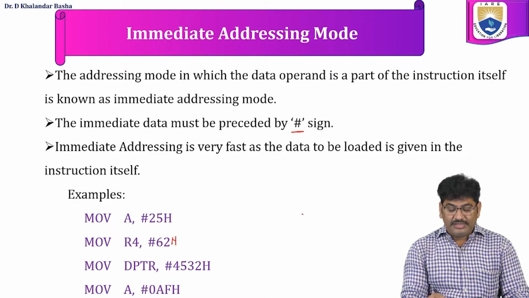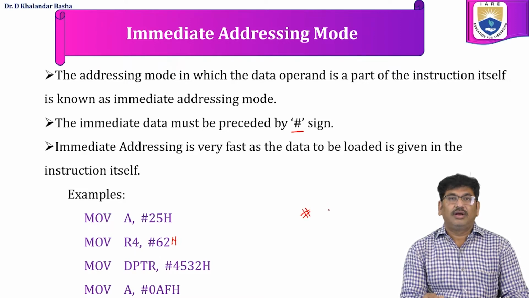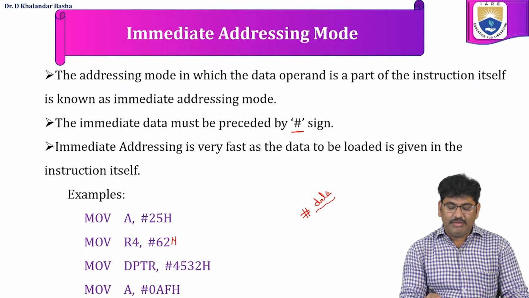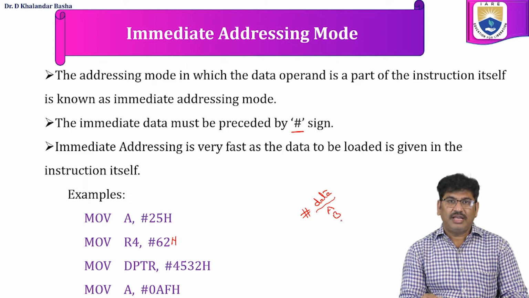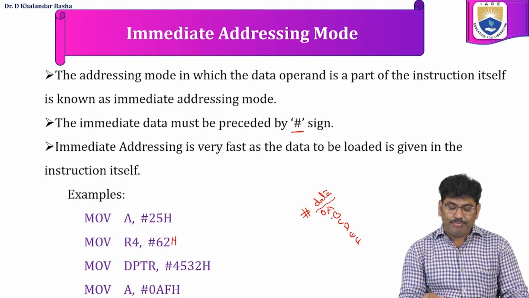Whenever we are placing the data with a hash symbol, it indicates the immediate data. If the immediate data starts with an alphabet in hexadecimal, either A, B, C, D, E, or F, it should be preceded with a 0.